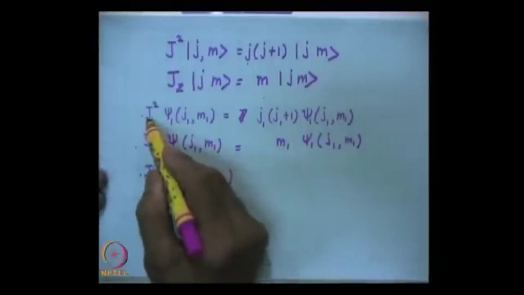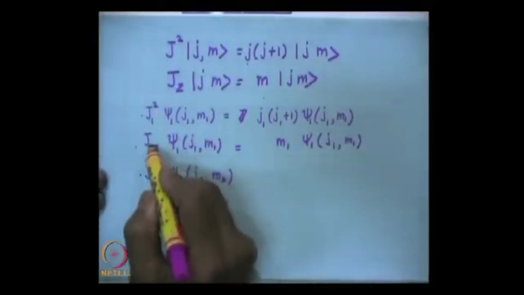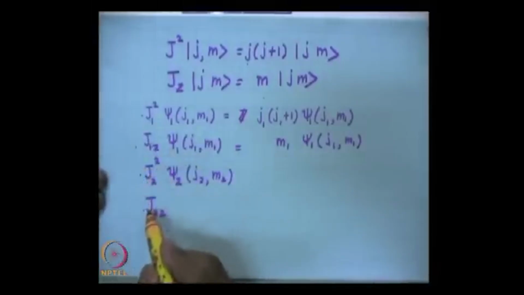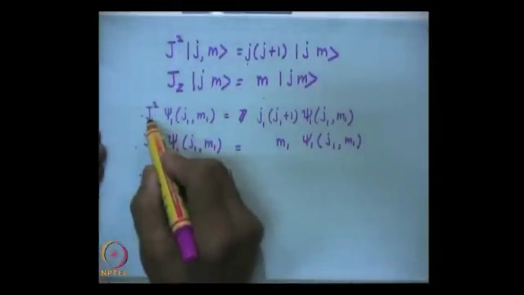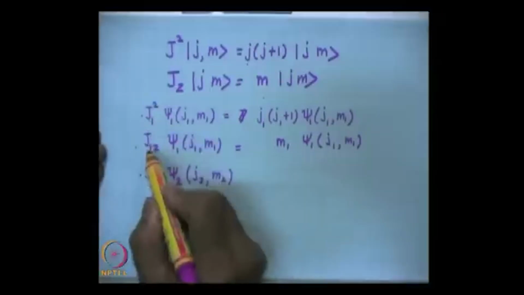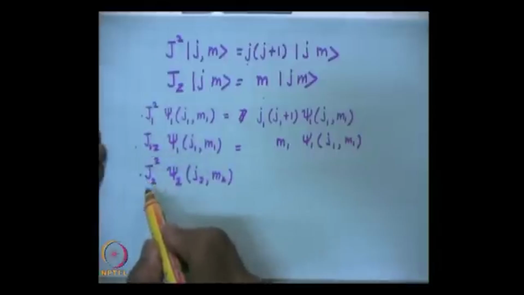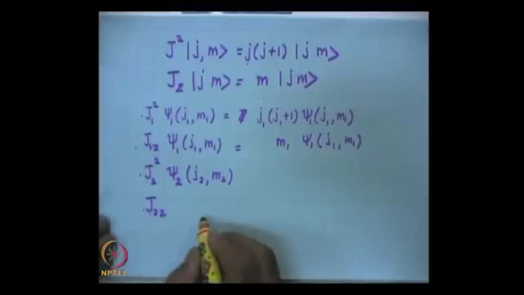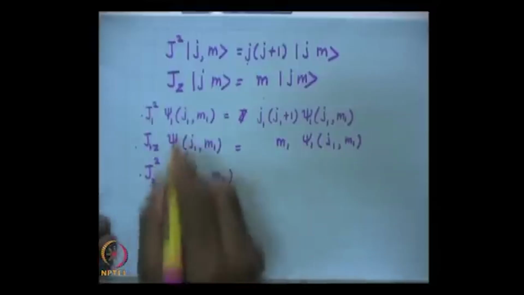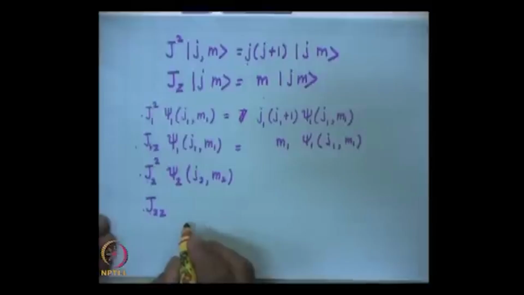So, these 4 operators J1 square, J1z, J2 square, J2z, they all commute with each other, and therefore, we can have simultaneous eigenkets of J1 square, J1z, J2 square, J2z, and those wave functions I denote by the product wave functions.